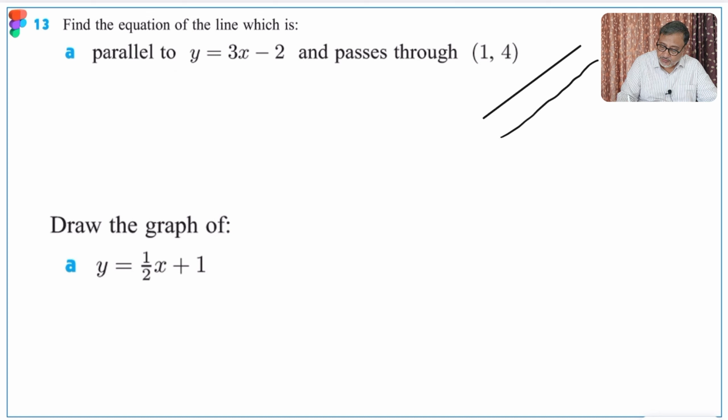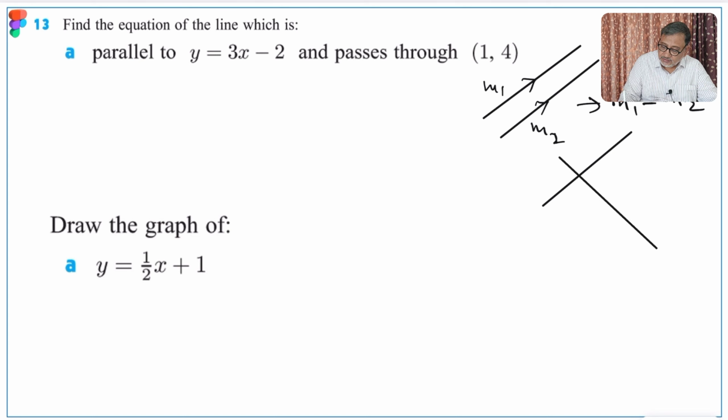Suppose if you have two parallel lines with gradients m1 and m2, then m1 is equal to m2. And if you have two perpendicular lines like this, this has gradient m1, this has gradient m2, then we write m1 multiplied by m2 is equal to negative 1.